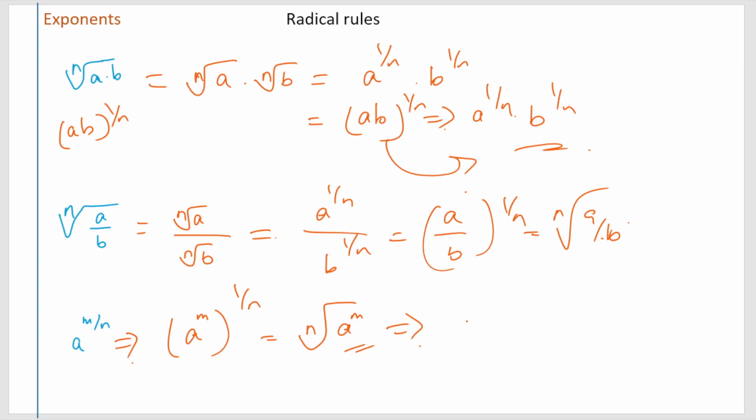You can also write this as the nth root of a, whole power m, right? Because everything is the same. If n is in the denominator, then that becomes the root, and m in the numerator becomes the whole power. You should remember it like that. Okay, got it.